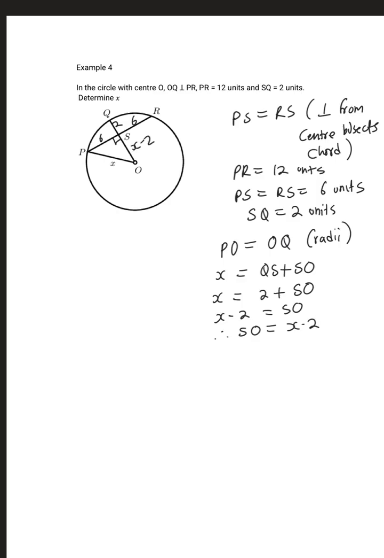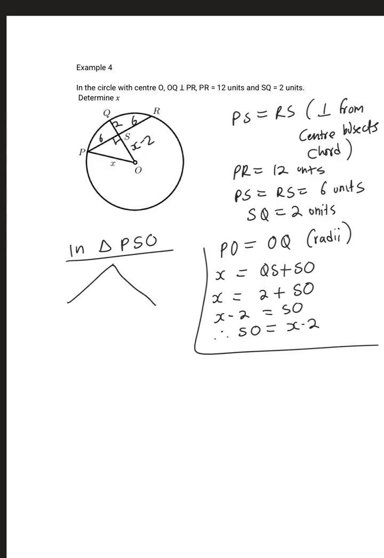Now in triangle PSO, this is the right angle triangle that we are dealing with. We have S, O, P, and we have X here, X minus 2 here, and 6 here. Because it's a right angle triangle, we can use the Pythagoras theorem.